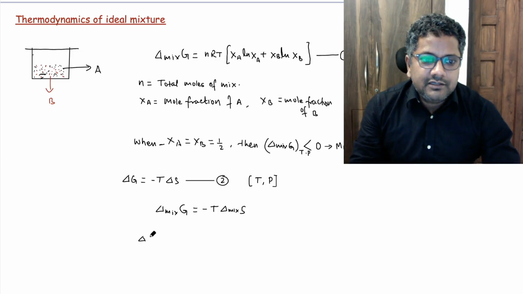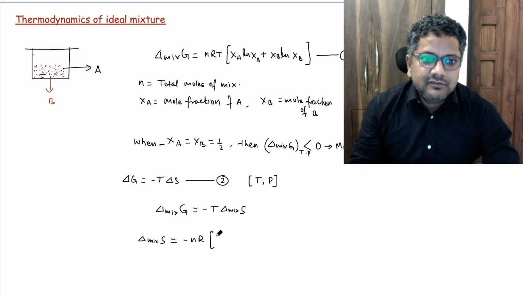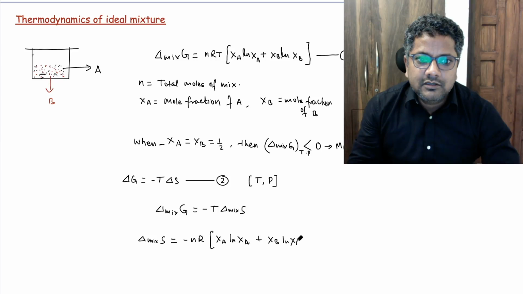So you can write delta S mixing is equal to what? Minus nR, put this value, T and T are cancelled, so minus nR (XA ln XA plus XB ln XB).